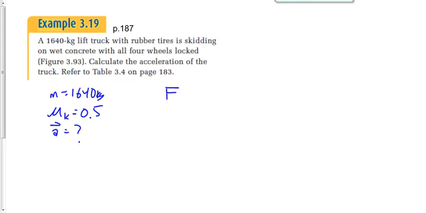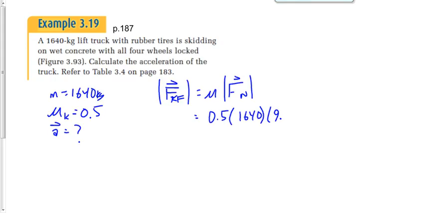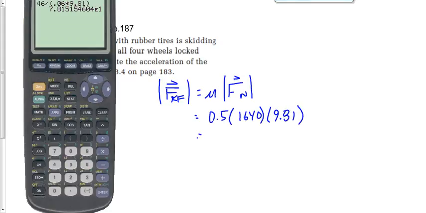The first thing I'm thinking of is force of kinetic friction is equal to mu times the normal force. Why? Probably because I have a coefficient of kinetic friction. Let's get that value: 0.5 times the mass, 1640, times 9.81. That's not what I'm looking for, but it's something, and as long as I'm able to find something, it's better than what I had before.